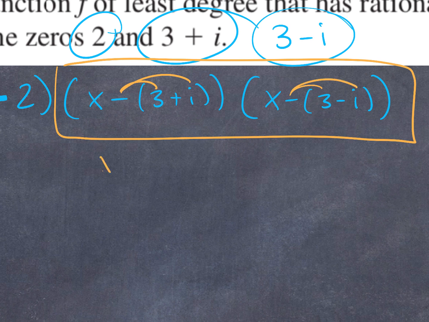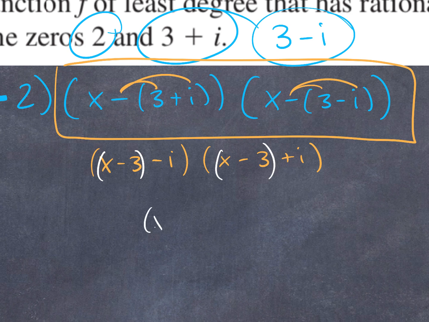So this turns into x minus 3 minus i and x minus 3 plus i. Now I can FOIL this out, or what's my shortcut? So my first term would be x minus 3. So we do x minus 3 squared.